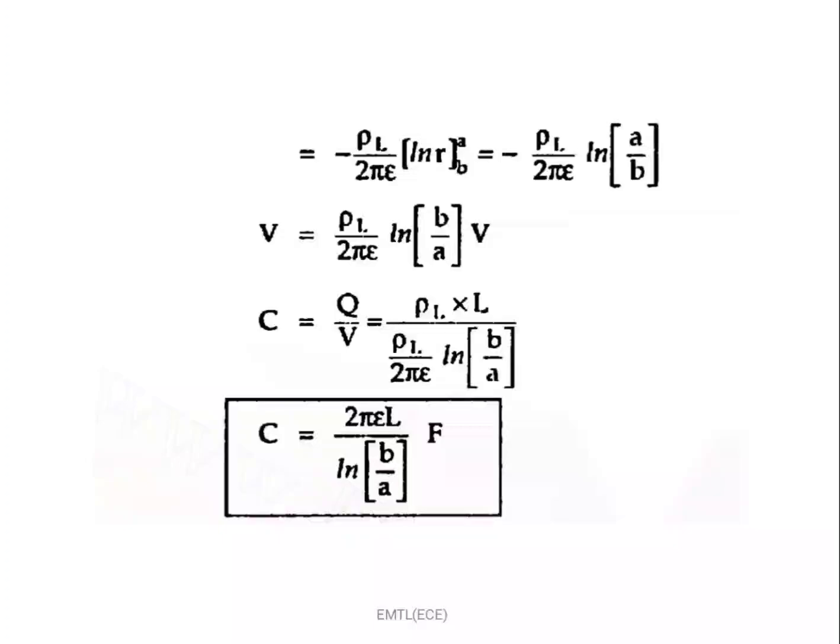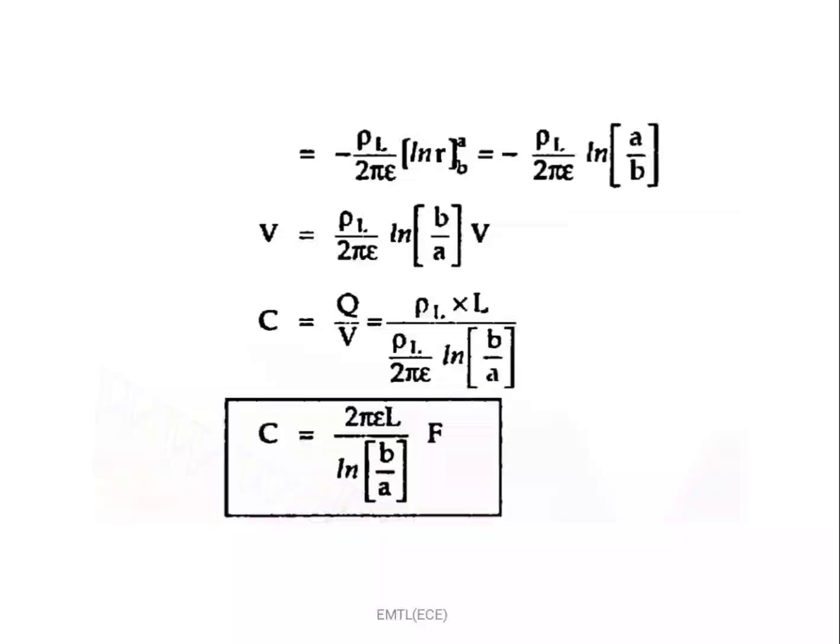So in the cases we discussed here, that is the capacitance of a parallel plate and the capacitance of a coaxial cable, the same procedure has to be followed. That means first write the formula for the charge, whether it is a line or surface, and choose the right electric field intensity expression, that is, whether it is a spherical charge, a sheet of charge, or a line charge.